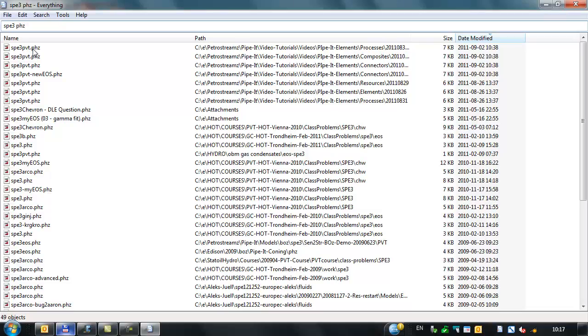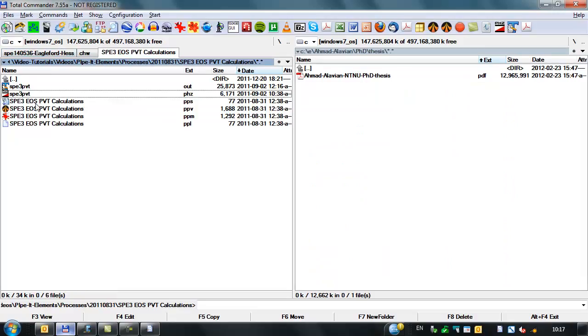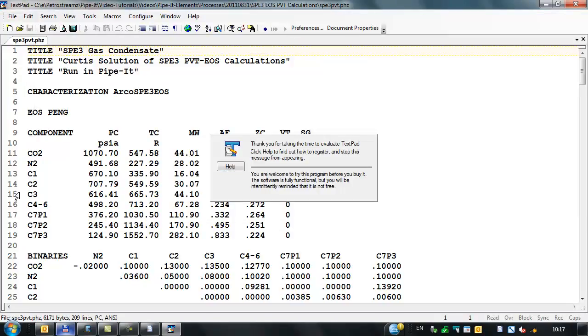I'm trying to find one that's consistent with what you've used in the course here. Does anybody have the data file you've been using here? Let me just pull one of these up. Now these are the components.